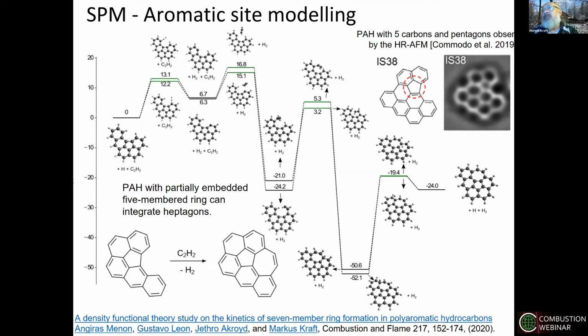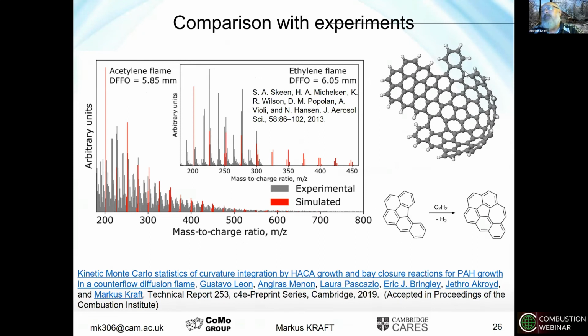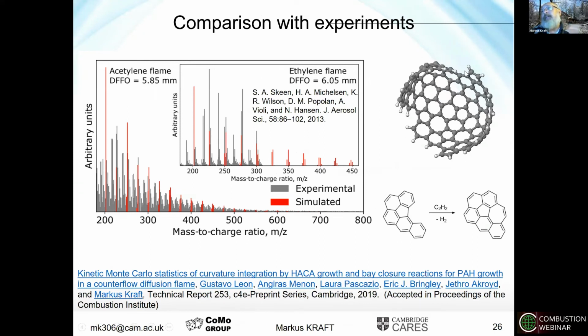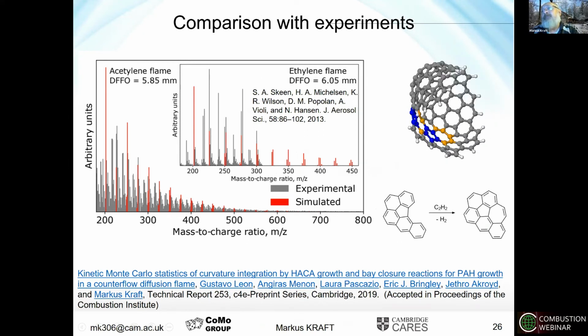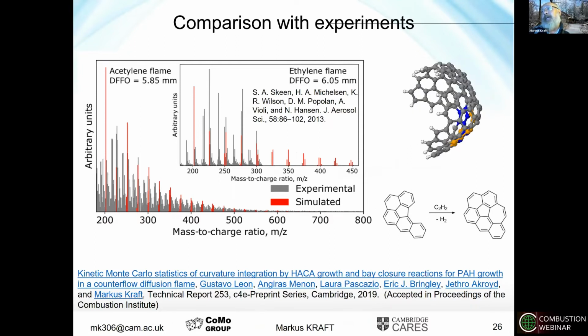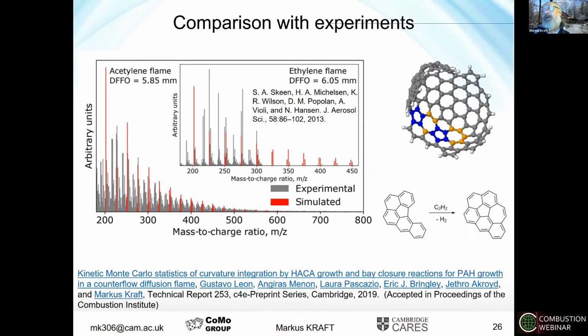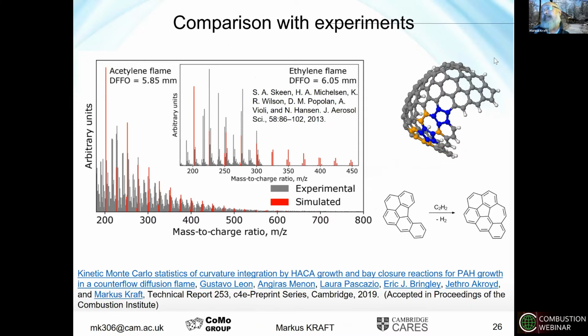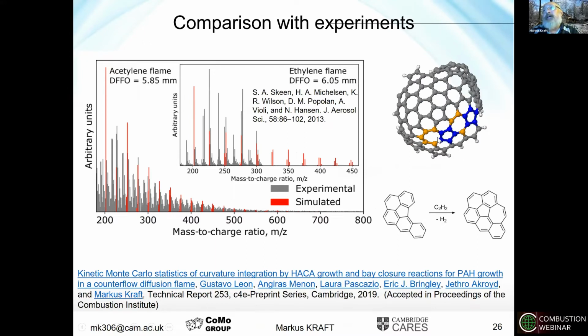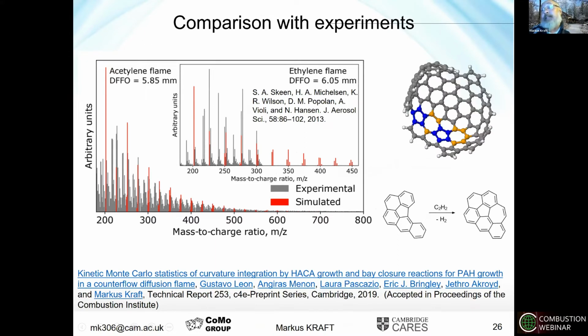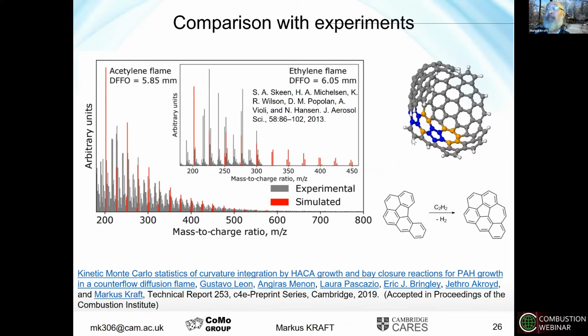And this is a simulation here on the right, where you see how the embedded 5-member rings allow the formation of the heptagons and create this grain boundary here that can also be found in glassy carbons.